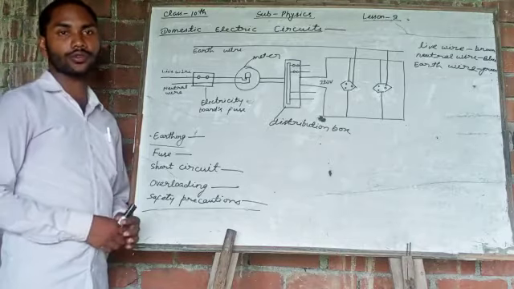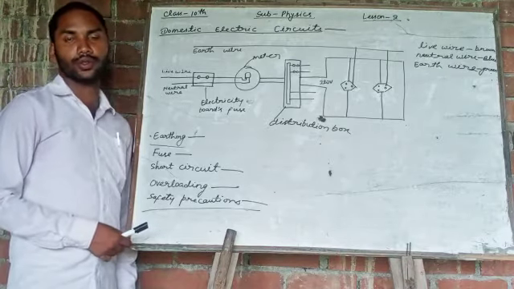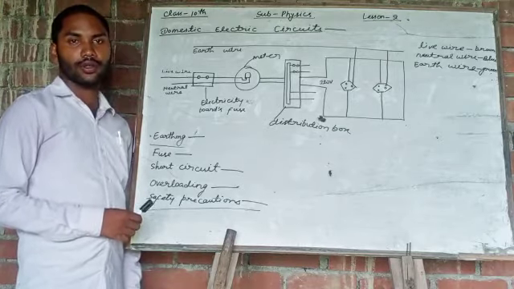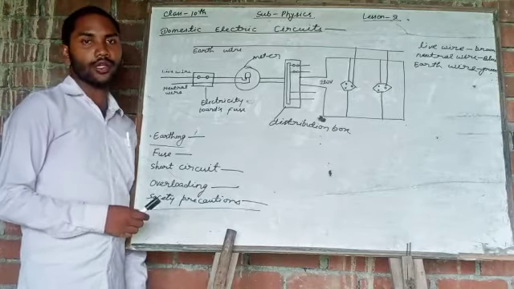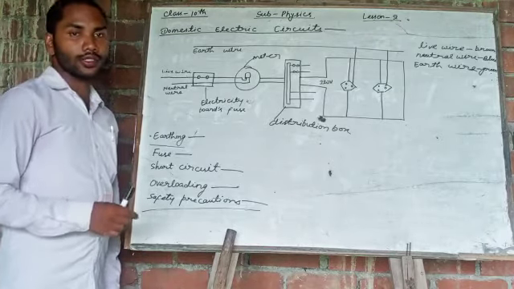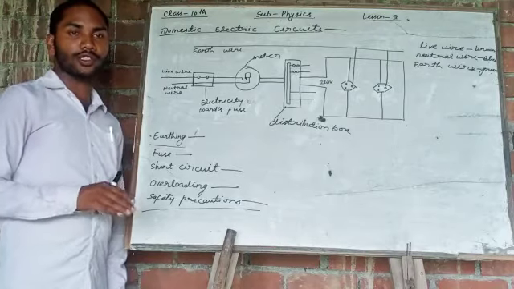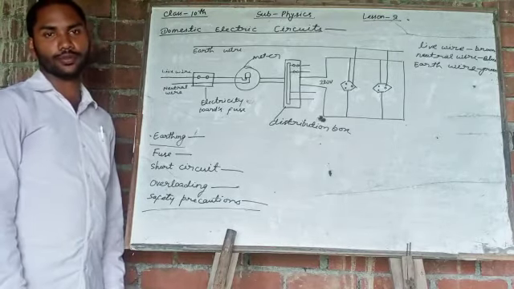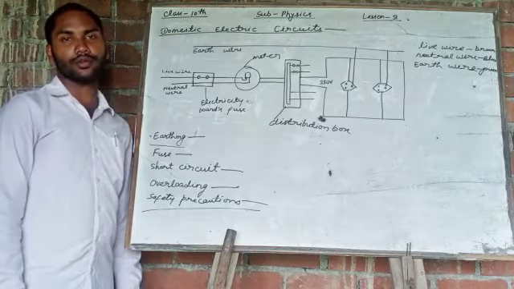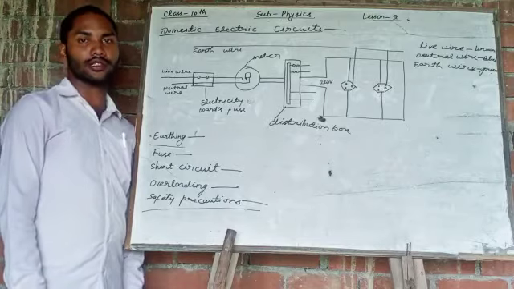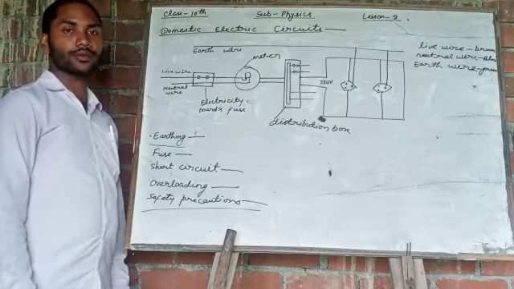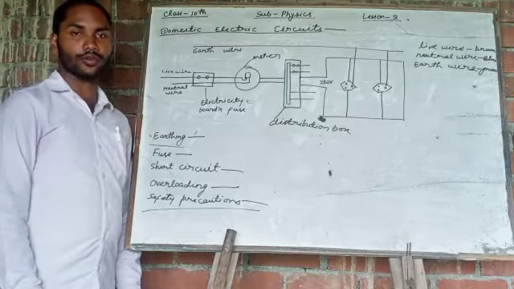Always use a good fuse which has a low melting point. When you replace the fuse wire, always use the same thickness of wire which was previously used in the fuse. Don't increase the thickness of the wire, because if you do, it will not melt easily if there is a short circuit or overloading.